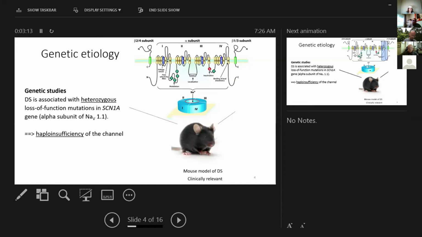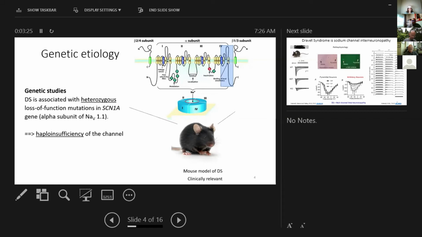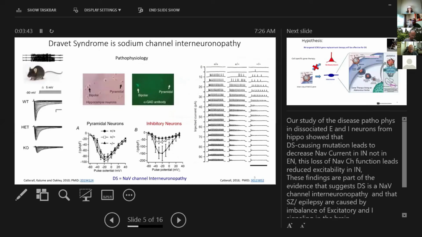And several years ago, during my postdoctoral training with the Catterall lab, we generated a mouse model of Dravet. And this was done by deleting a segment of the sodium channel protein shown here in the highlighted box. And this deletion leads to a mouse model that shows a lot of key phenotypes of Dravet syndrome. And so this is a very relevant model that has been established in the field.